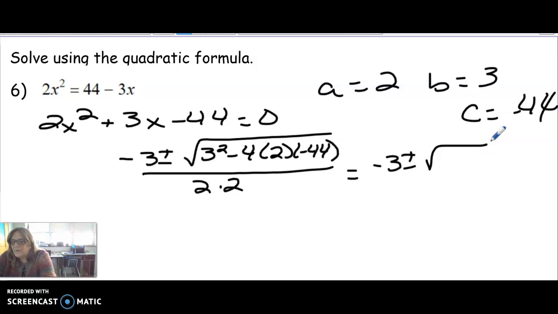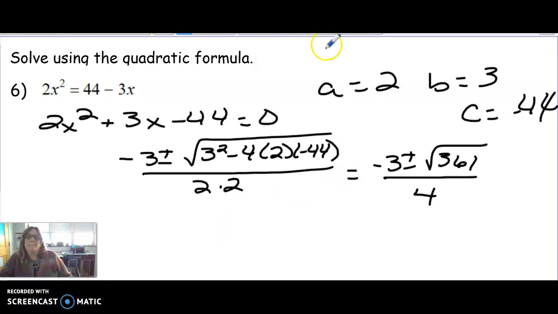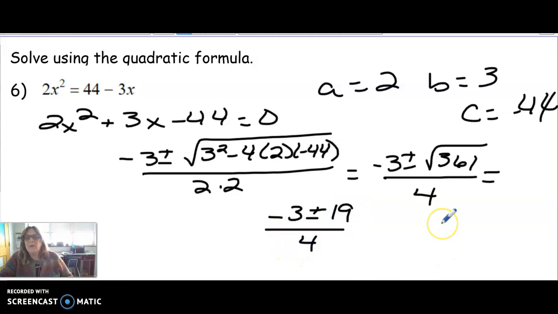And if I plug that in, 3 squared minus 4 times 2 times a negative 44, I get 361, all over 4. Trying to divide and see if you get anything that'll go into 361. The square root of 361 is the same thing as 19.